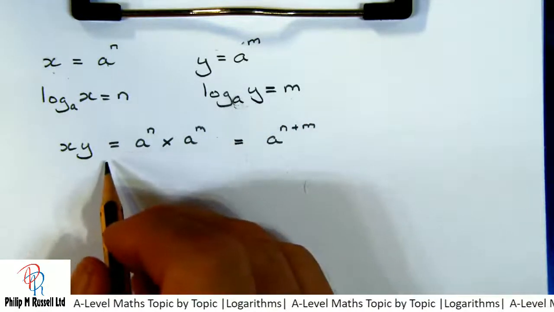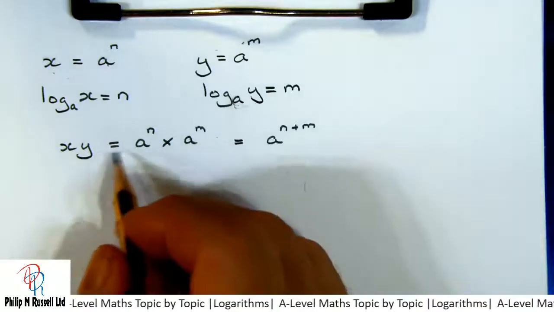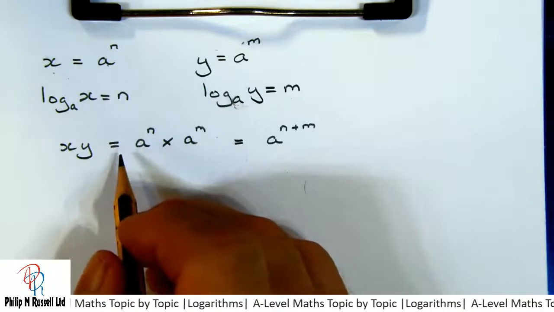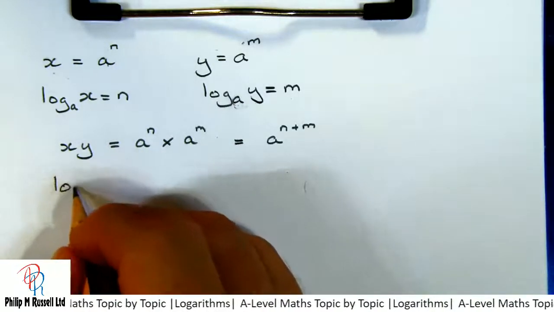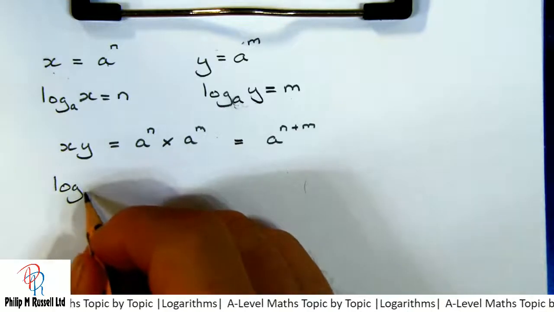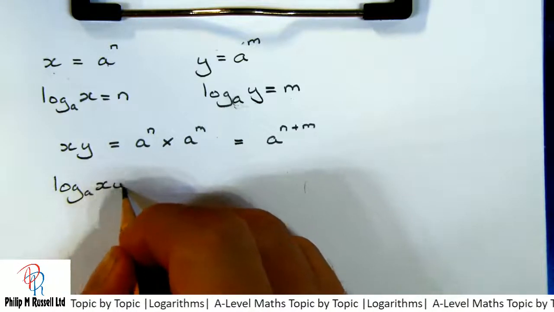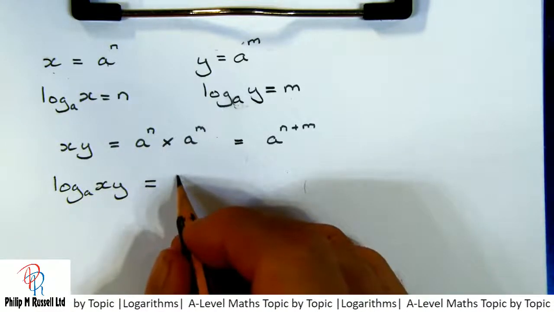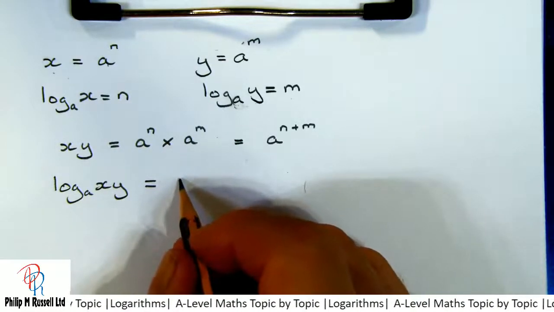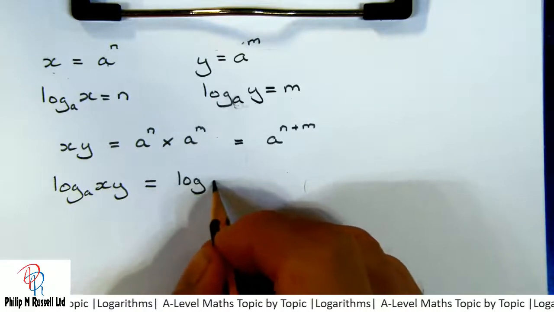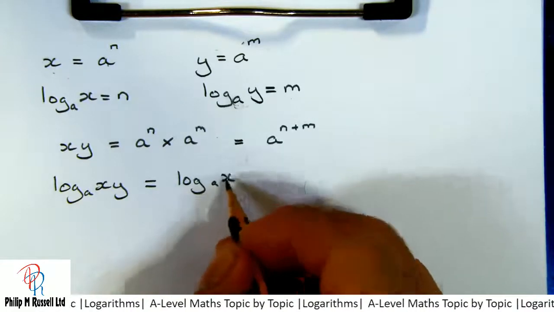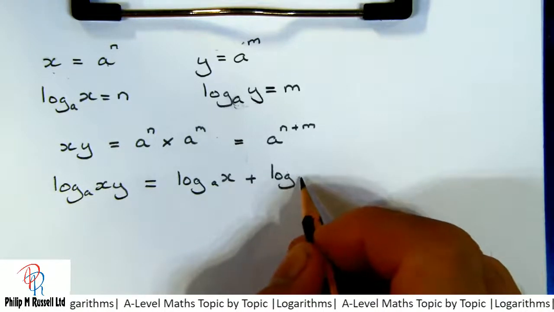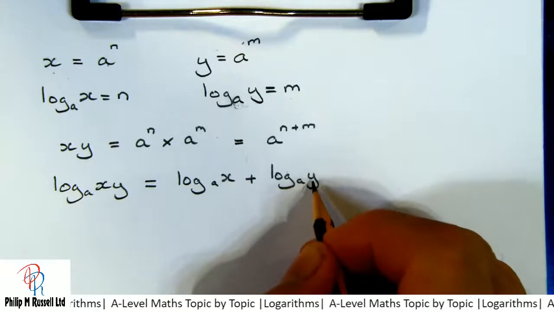If I were to take a log of both sides, we can say that the log to the base a of xy would be log to the base a of x plus log to the base a of y.